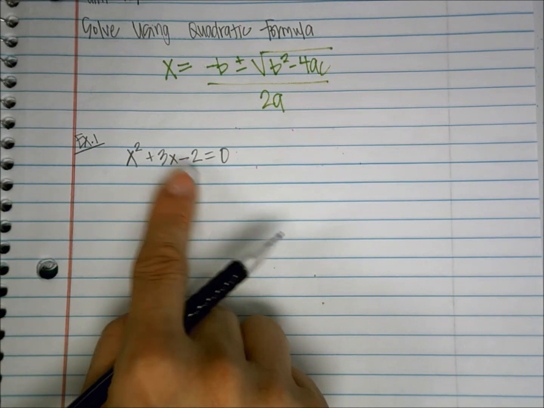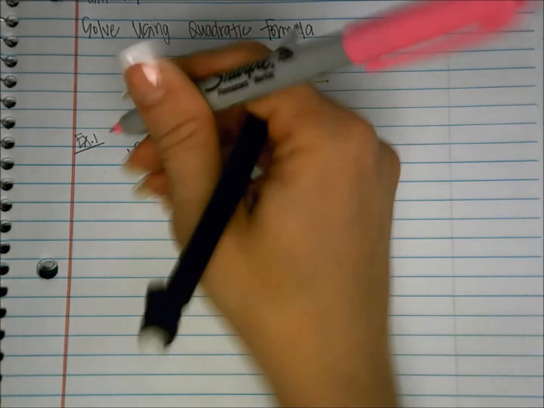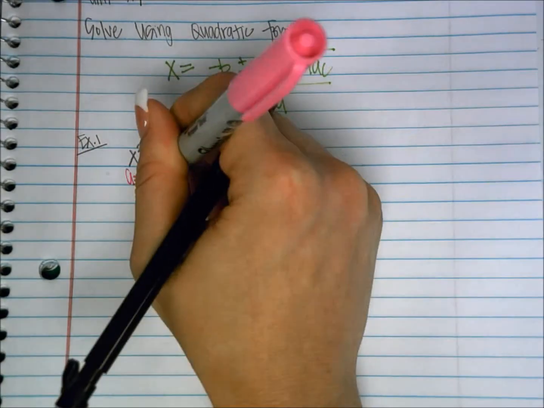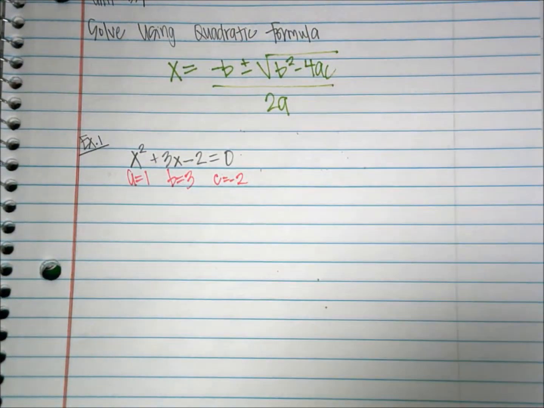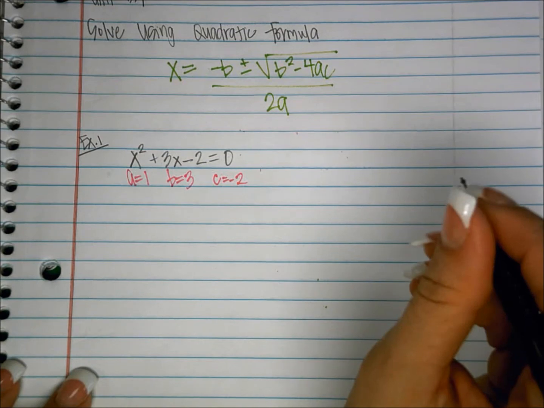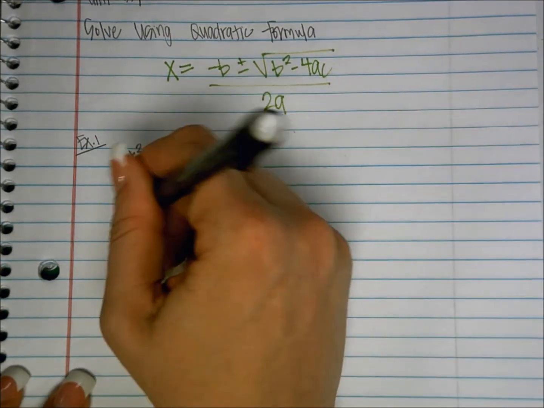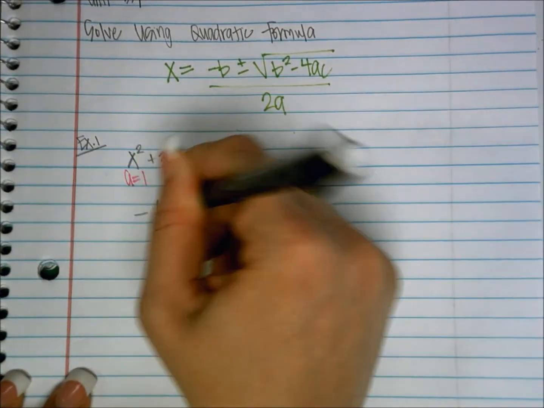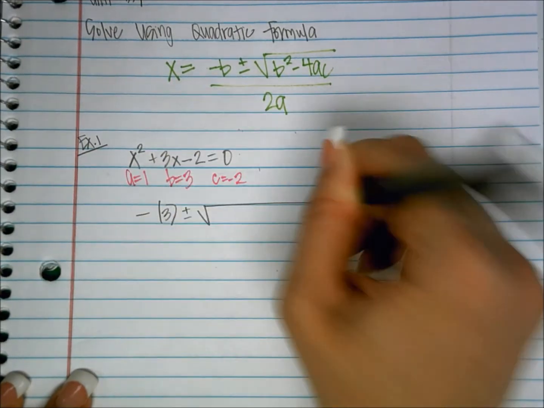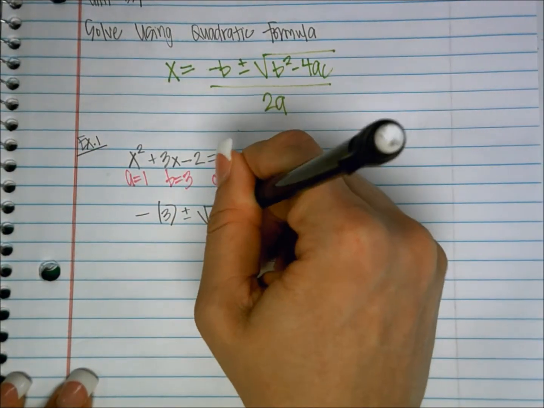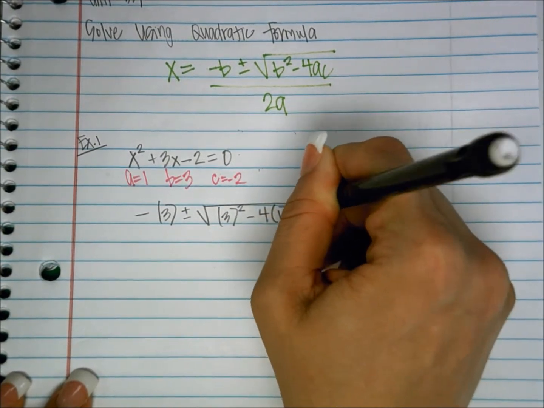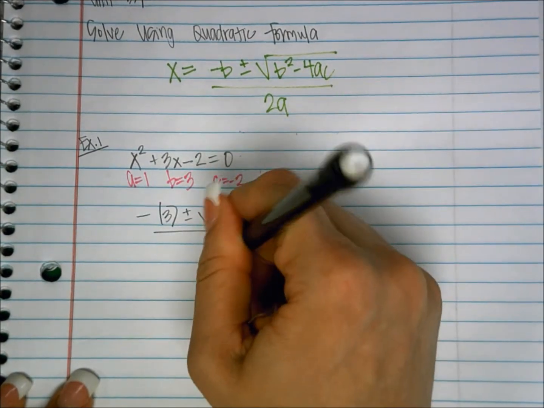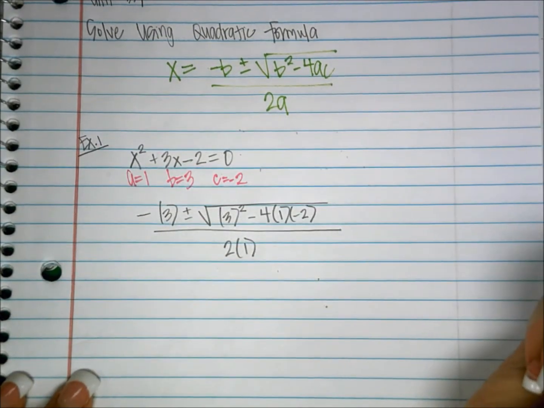First thing you want to do here is label your ABCs. A in this equation is 1, B is 3, C is negative 2. Then we plug into the quadratic formula. Negative B, that's negative 3, plus or minus the root of B squared, so 3 squared, minus 4 times 1 times negative 2, all over 2 times 1.